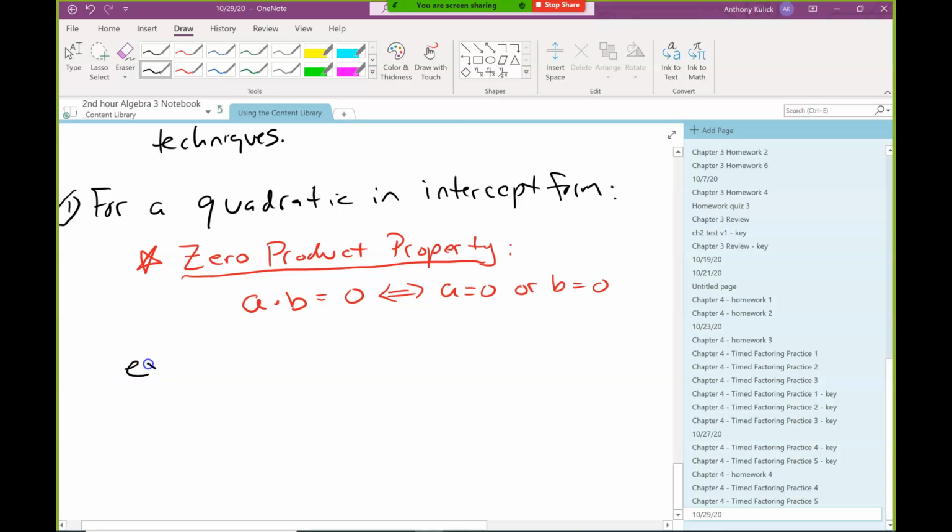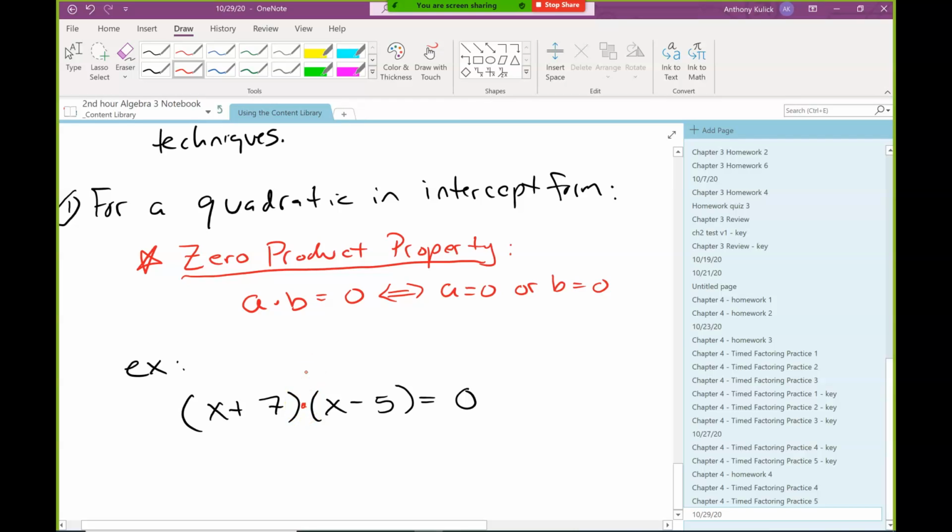So let's look at some examples. Let's say we have (x + 7)(x - 5) = 0. When I look at this, do I have two things multiplying together to equal 0? Yes, right?